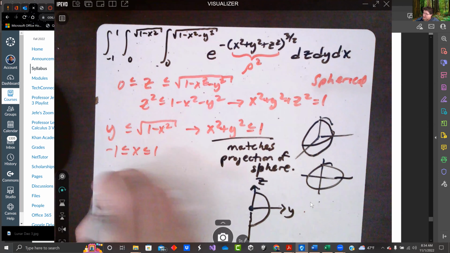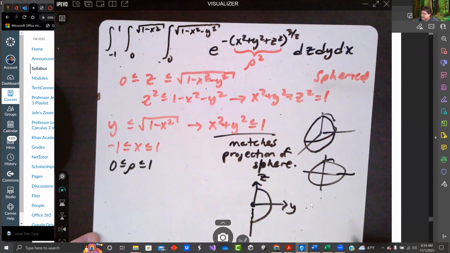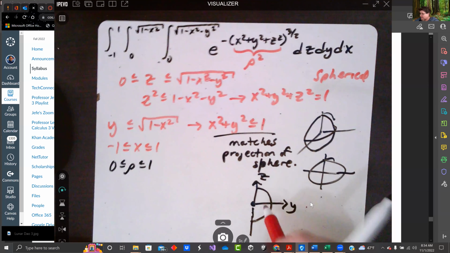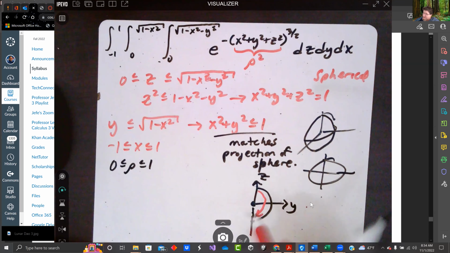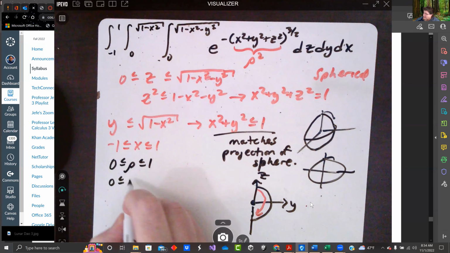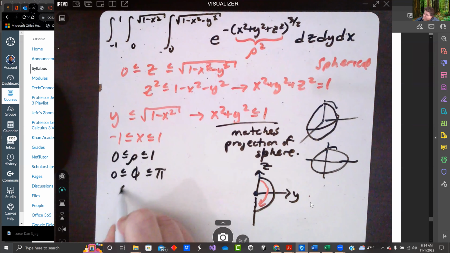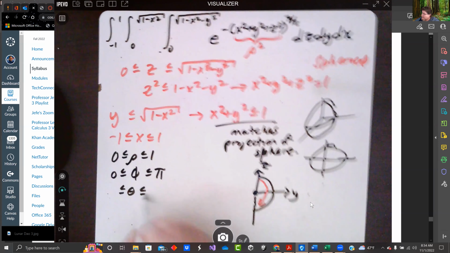The radius is still going to go from 0 to 1. Phi starts at the top and rotates down, and it does its full range, so it goes from 0 to pi. It looks like theta is the one that's reduced.